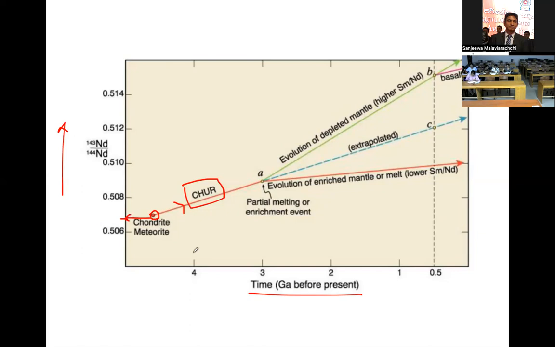So with time, this is 4.5 billion years, right? So with time, it evolved, producing more and more neodymium isotopic values like this. So in a manner like this. Okay, so actually this is the evolution line. So at about 3 billion years, close to 3 billion years, what happened?